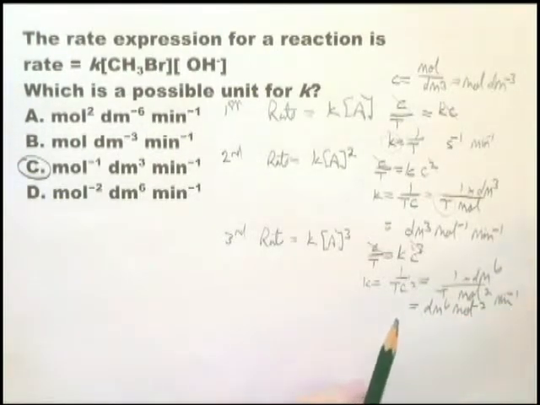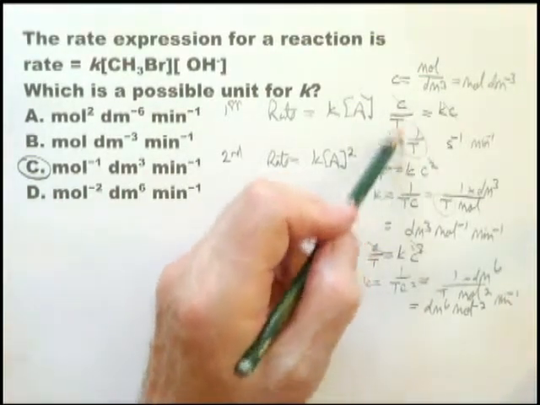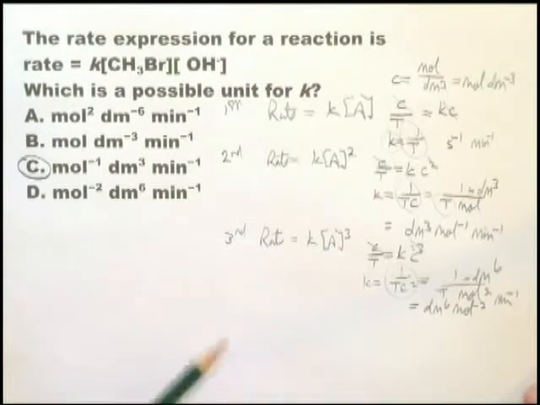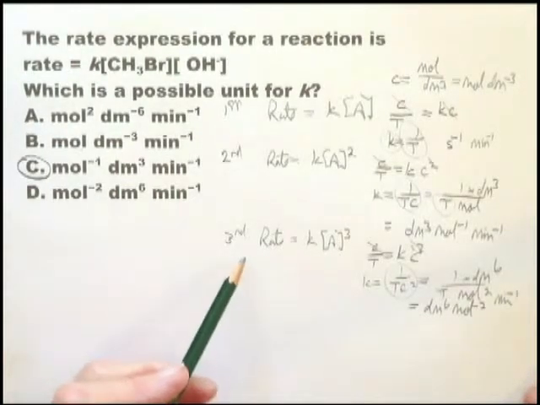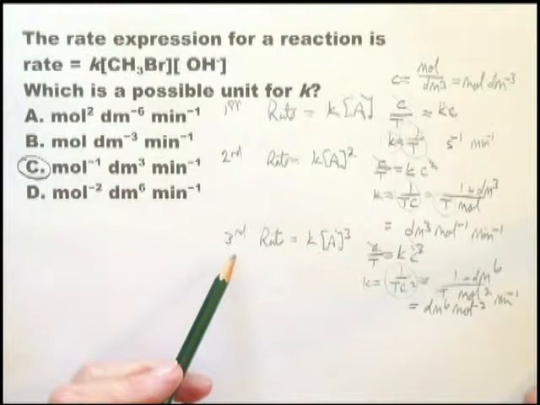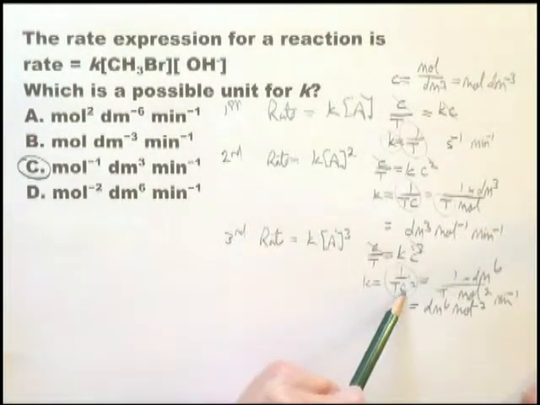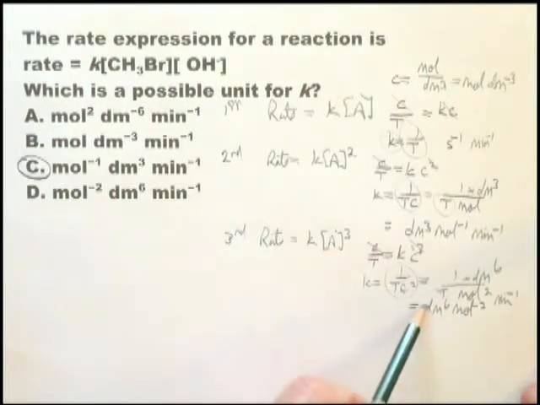The interesting thing is that as soon as you see this 1 over T, 1 over Tc, 1 over Tc squared, somebody can give you any rate, the ninth order rate, and you'd immediately say 1 over Tc 8, and you could quickly work out what the units are. There are two ways of doing this, or maybe more.